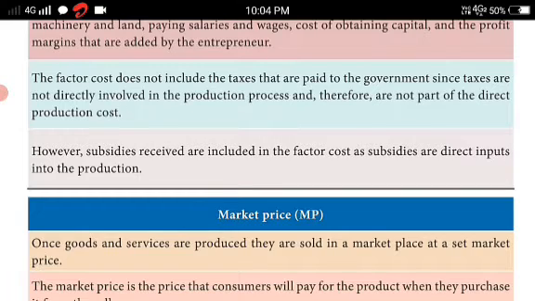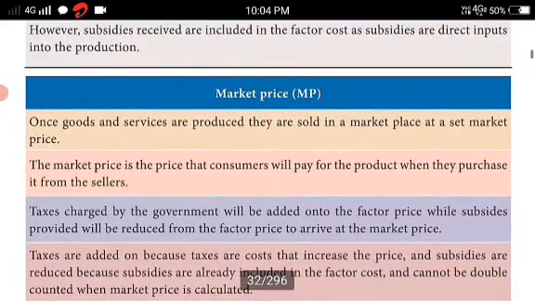Here we should know about the tax. So the factor cost does not include the taxes that are paid to the government, since the taxes are not directly involved in the production process. However, subsidies received are included in the factor cost, as subsidies are direct inputs into the production.